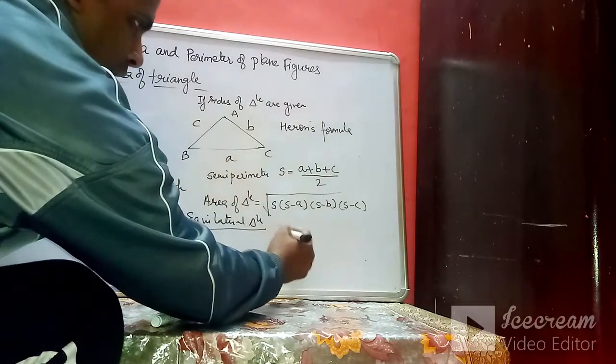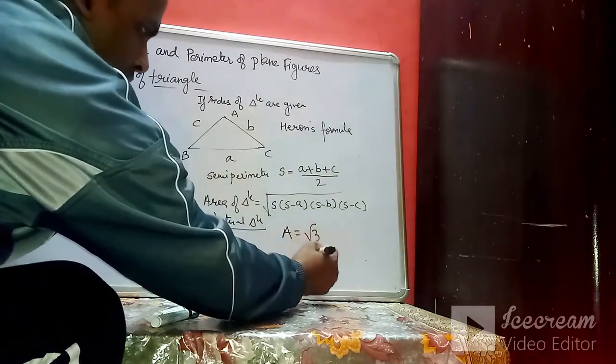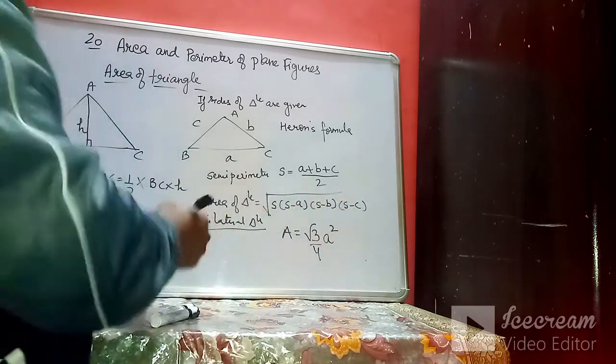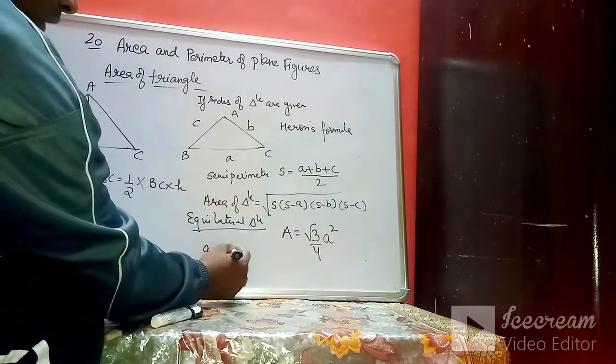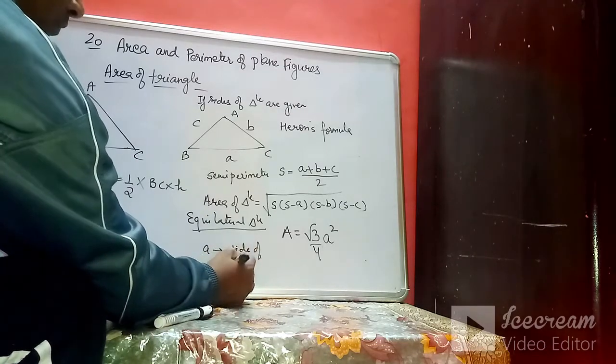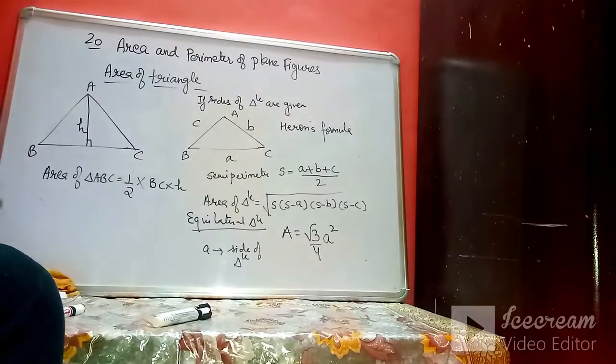So the formula of area will be root 3 by 4 a square, where a is the side of the triangle. So in case of the equilateral triangle, you can use this formula directly. Now in case of the isosceles triangle, you can use Heron's formula as it is, or if base and height is given, then you can use the formula half base into height.